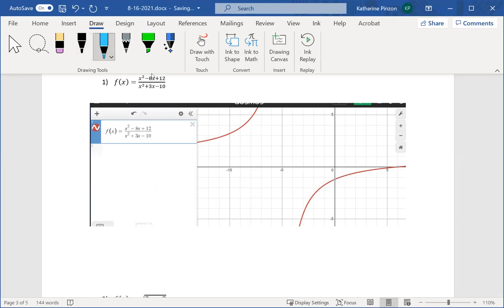Okay, I'm going to put that hole right there. There was a hole. Okay, so we knew that at x equals -5 and x equals 2, there were discontinuities.